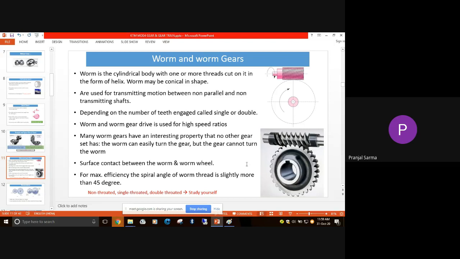We have surface contact between them, which makes it a lower pair. In general, for maximum efficiency, the spiral angle of the worm thread is slightly more than 45 degrees. This is basically about the worm and worm wheel. There are also terminologies like non-rotate, single rotate or double rotate worm wheel; just go through any book and you should be able to understand it.